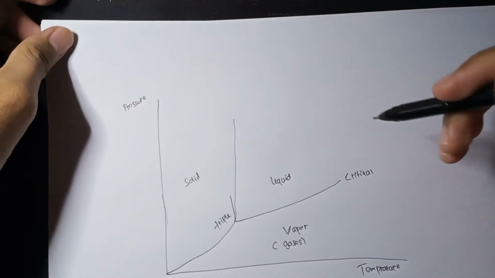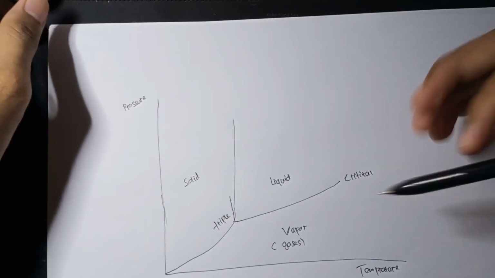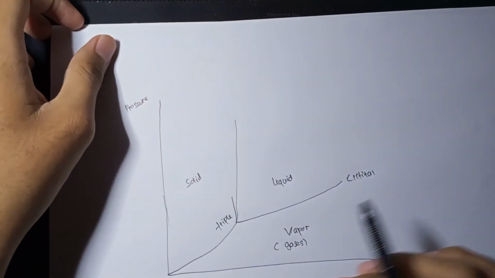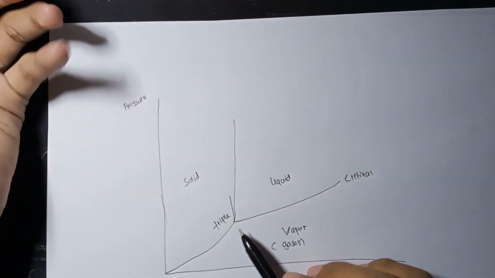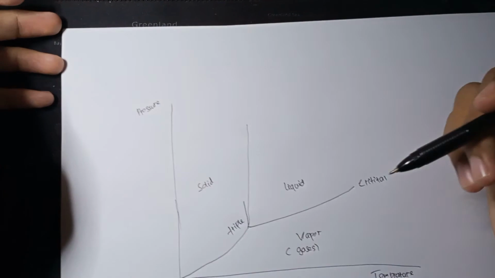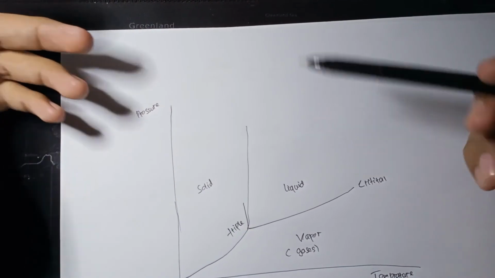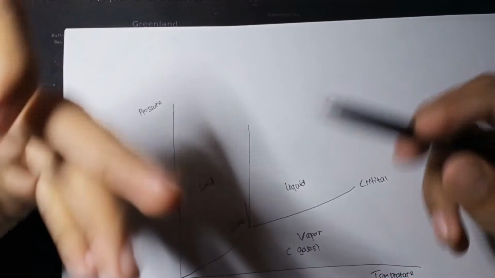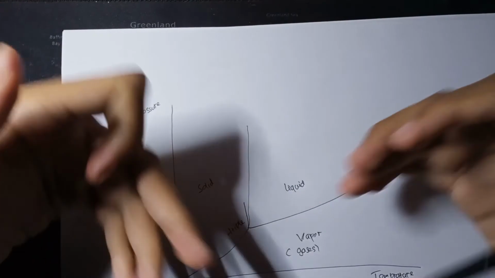In this diagram we have two points, the triple point and the critical point. The triple point is easy, it's just the balance point between the solid, liquid, and vapor.